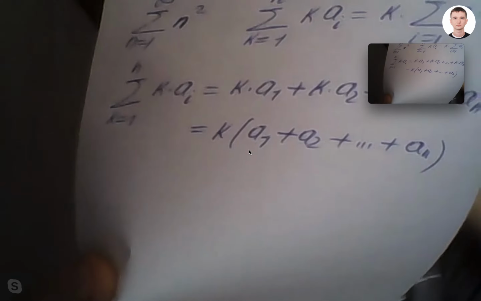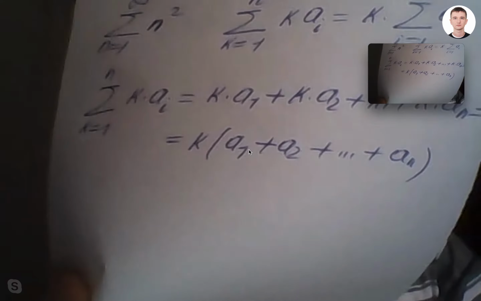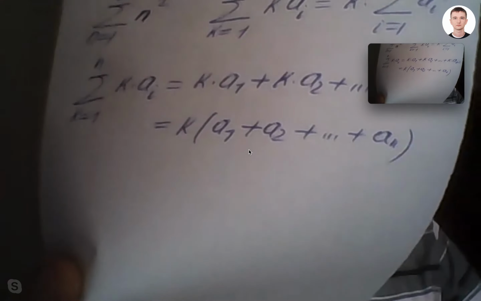What is in the brackets is the sum from i equals 1 to n of ai. So it's k times the sum from i equals 1 to n of ai.